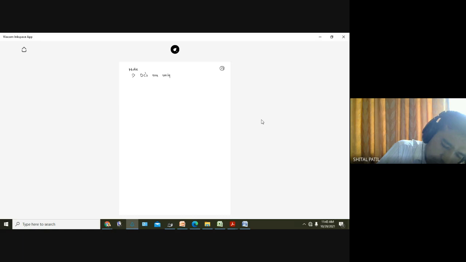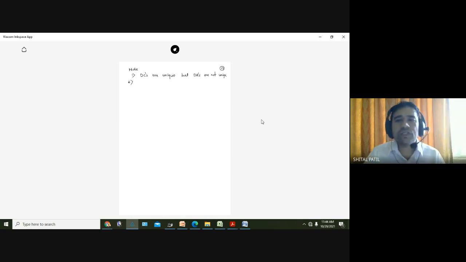Direction cosines are unique. But direction ratios are not unique.